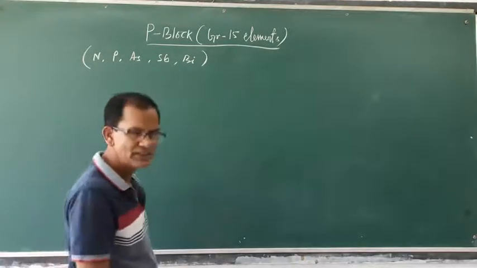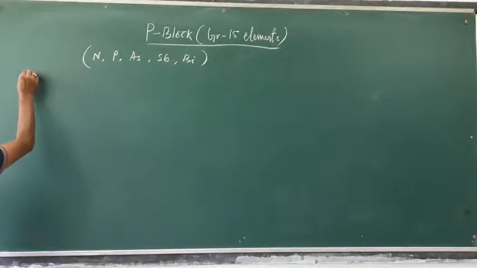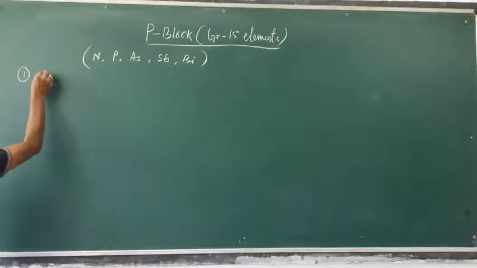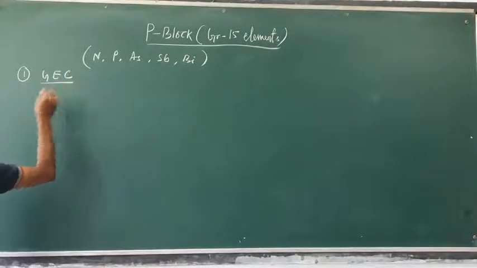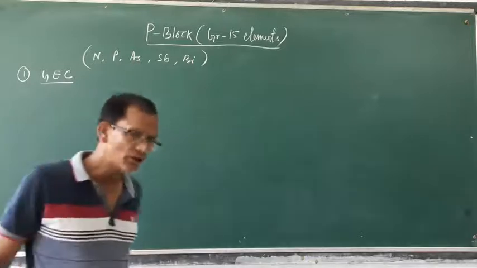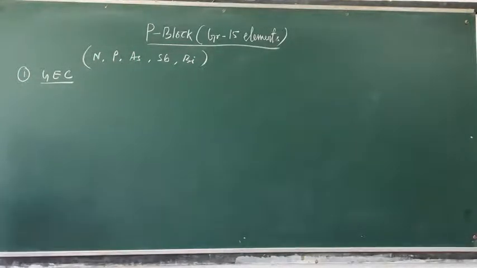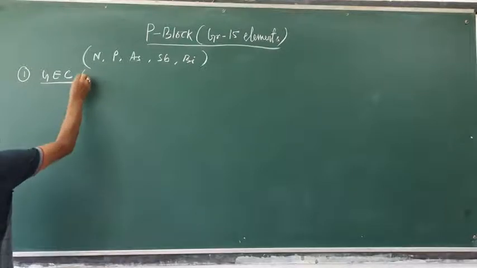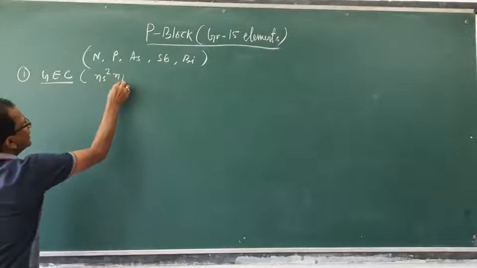First, let us discuss some physical properties. First, that is electronic configuration, the general electronic configuration. Mainly for this group 15, the configuration is ns2 np3.